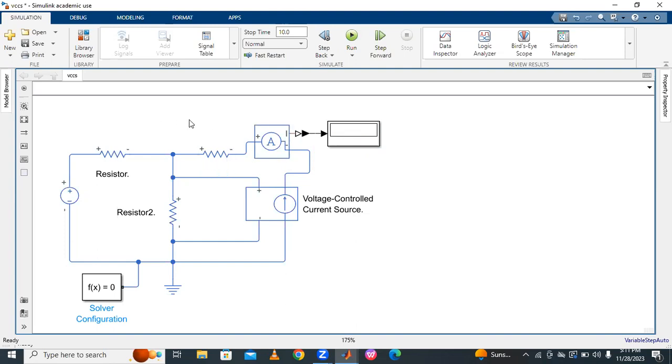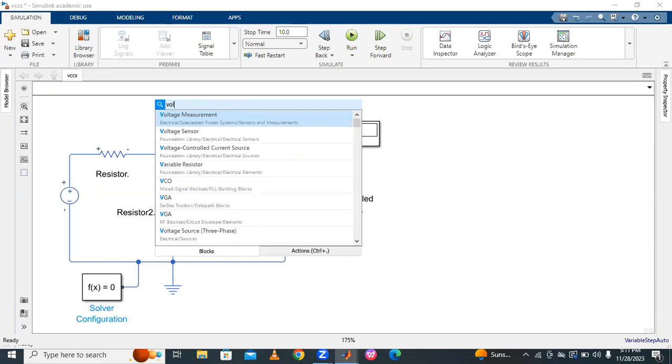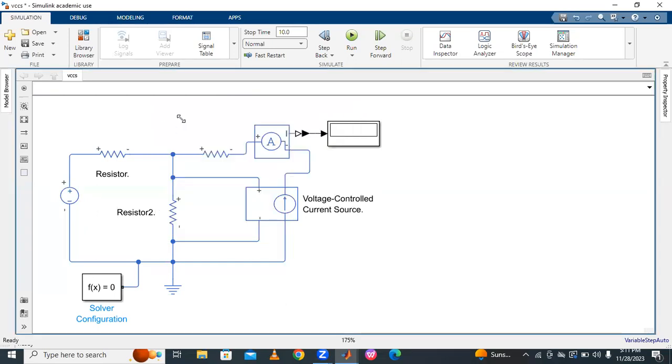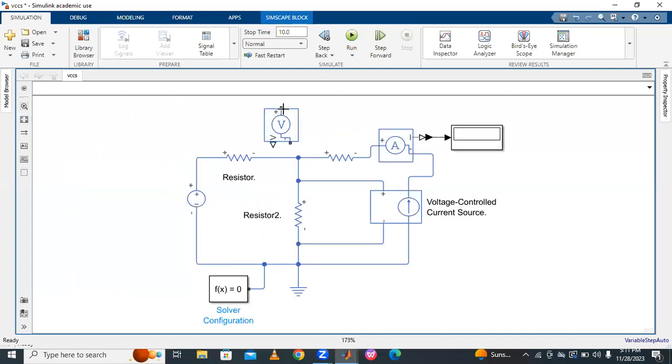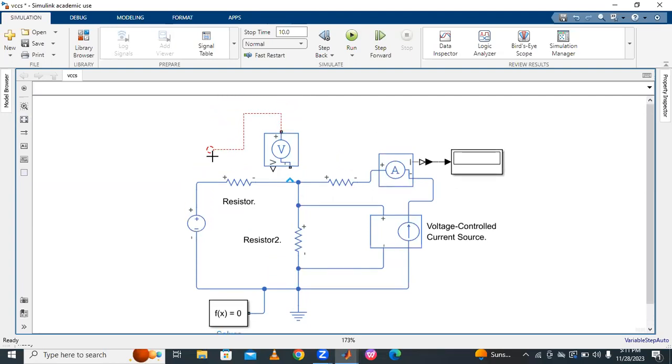If you want to know the voltage across this branch, current is over, then next here I'm finding the voltage across this resistor. So take one voltage sensor, not voltage measurement, which is for Simulink circuits. It's just a voltmeter. How to connect the voltmeter? Exactly parallel to the branch, where we have to find the voltage.